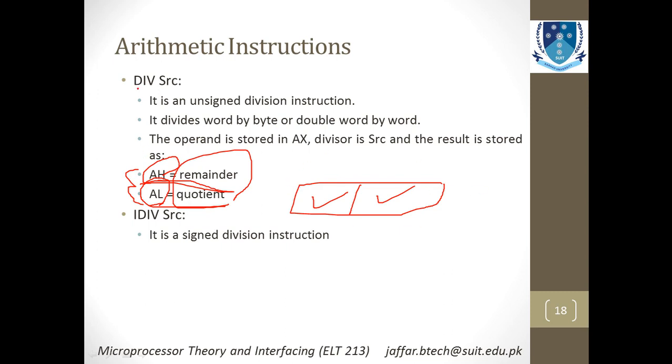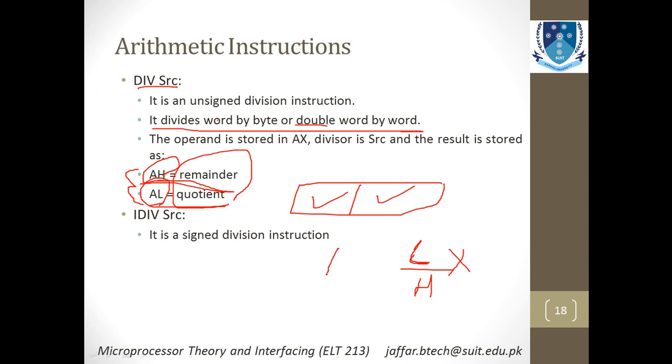So what does this division source do? It divides a word by a byte or a double word by a word. You never divide a lower number by a higher number. This is the difference between this and normal multiplication. Let's say this is your higher number, you cannot divide this. So for that you always need a word by byte or double word by word.